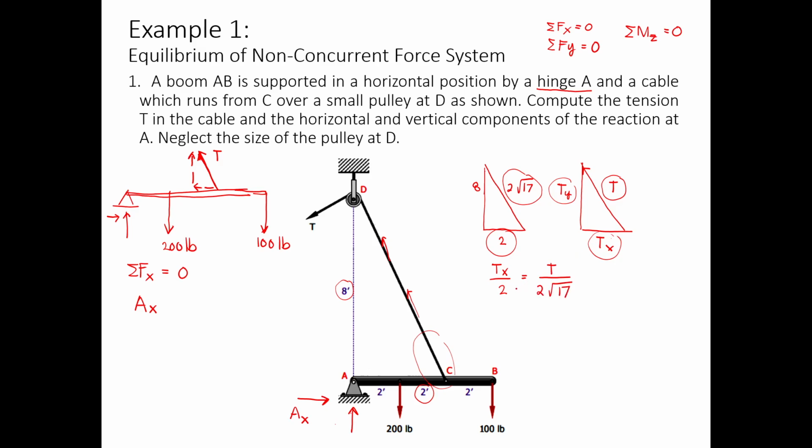If we multiply 2 to the other side, T sub x is equal to 2T all over 2 square root of 17, then cancel out 2. So we're going to have T over square root of 17 as your T sub x. Meaning we're going to subtract T sub x here because it's going to the left. So the equation is A sub x minus T over square root of 17 equals 0.